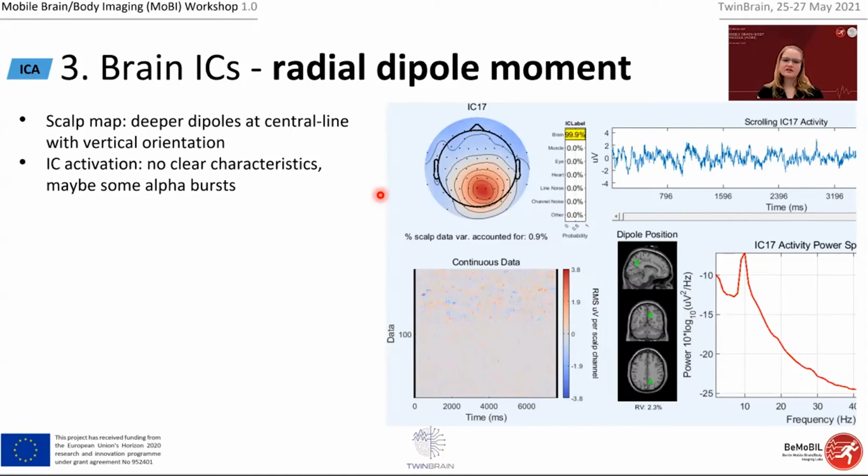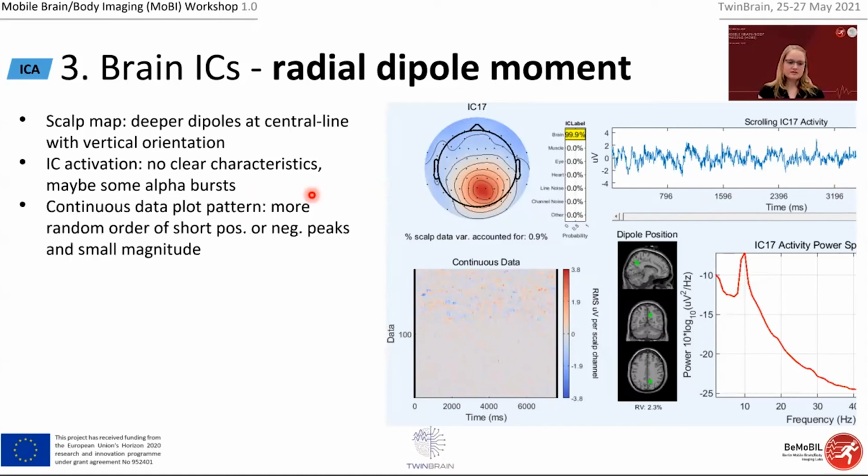It definitely looks different than muscle, so it's low frequency, but sometimes you really can see the alpha that appears several times if you scroll through the data set, and that's pretty neat for some of the brainy components, but still there are some participants that do not show alpha that much.